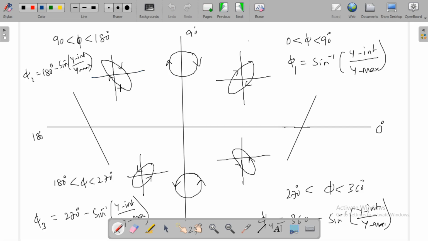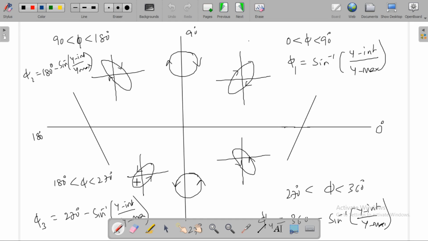If it is in clockwise direction, then directly you can have it like this. If you have an ellipse on the screen like this, then you can use this formula. Phi 2 is equal to 180 degrees minus sine inverse of y intercept by y max. If we have an ellipse like this on the screen, then this will be sine inverse of y intercept by y max. Here also you can use this formula.